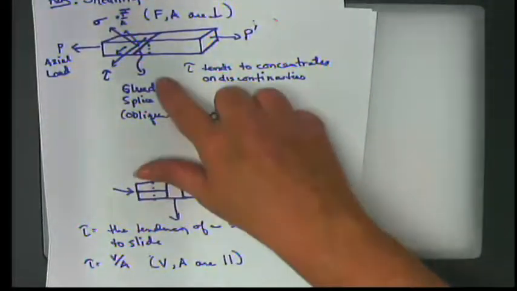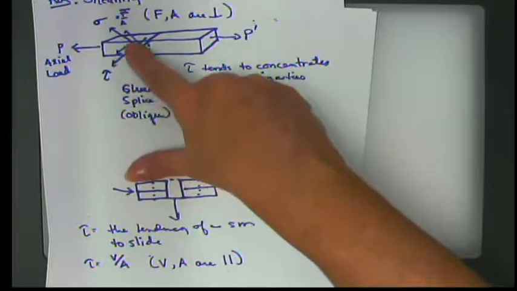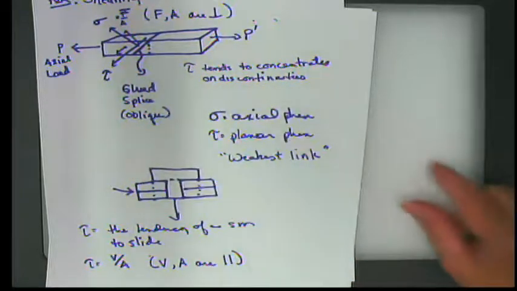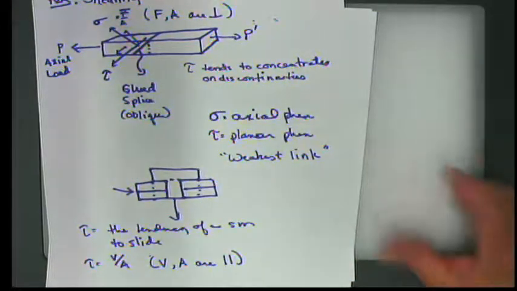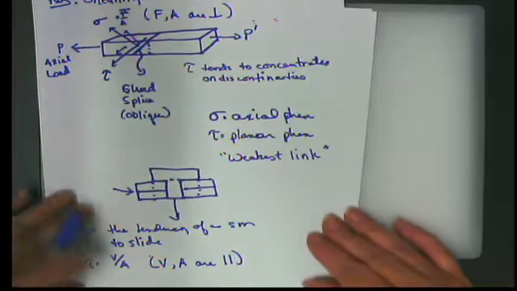The other reason that I like to draw this is because I want to show you that sigma and tau are always perpendicular to each other, but there's no reason for them to be in the x and y direction. They're just always perpendicular. And why do we always talk about perpendicular? Why is that such a big deal?